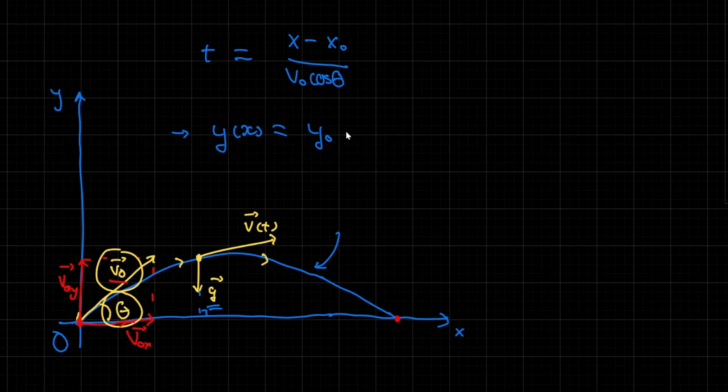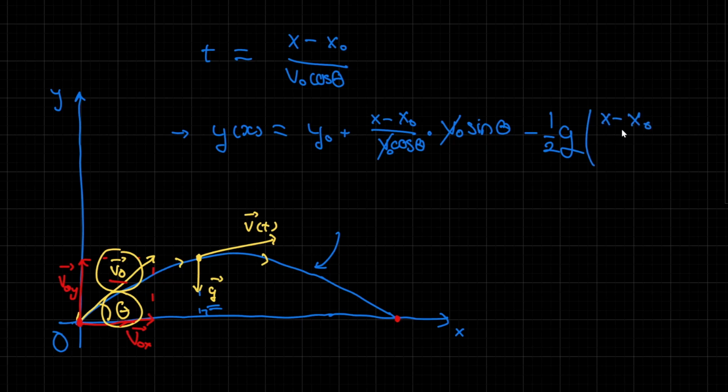So we see that y0, and now this is times, so we lose this, minus g, and so we can just remove this, obtain a function.